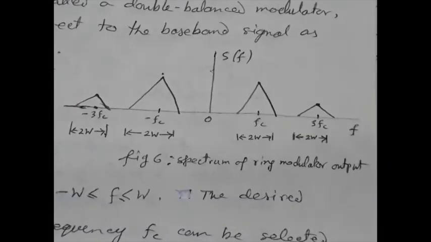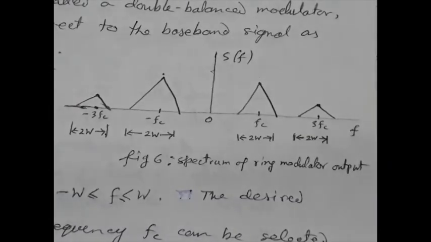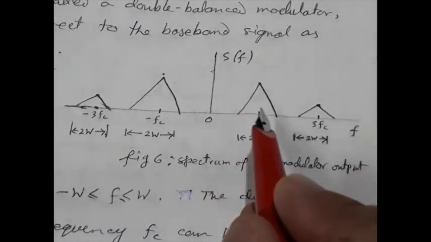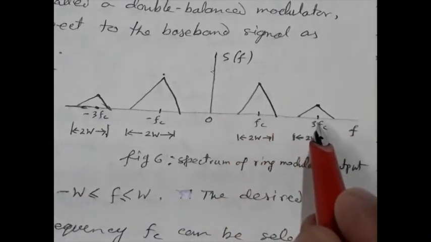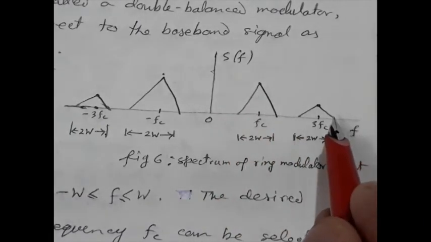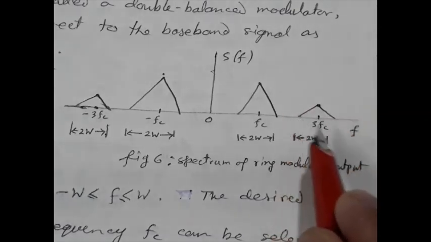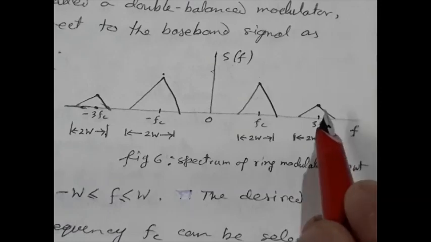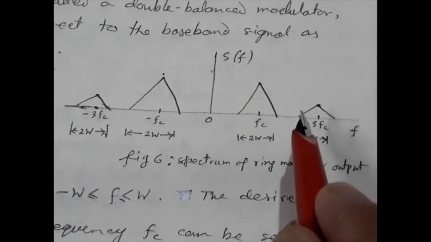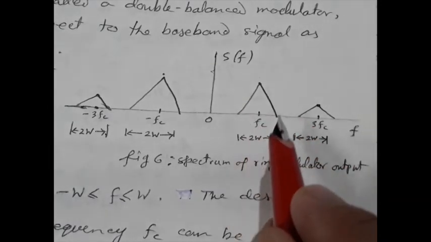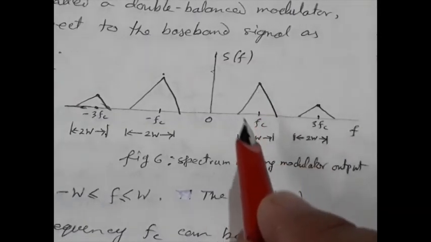The spectrum of this particular circuit looks like this. This is the Fc component, this is the 3 Fc component. The higher the component, the lesser will be the power, but you have to eliminate these, otherwise lots of power will go with the 3 Fc and 5 Fc components. So you must have a band pass filter, and it will allow only the component around Fc.